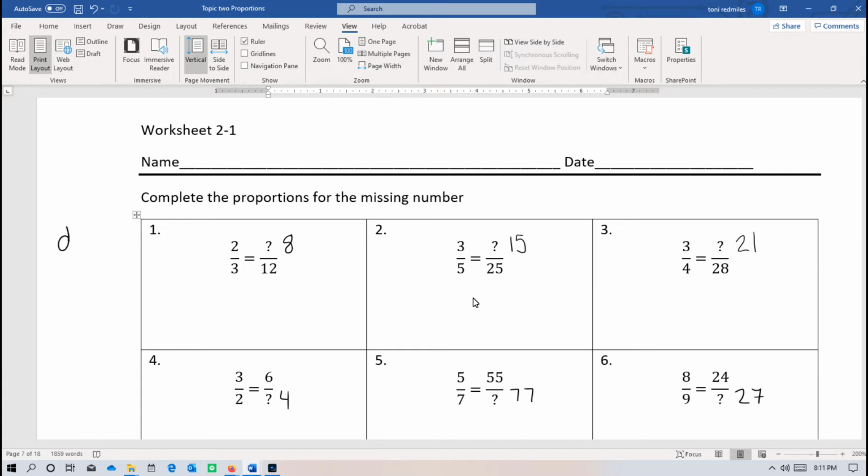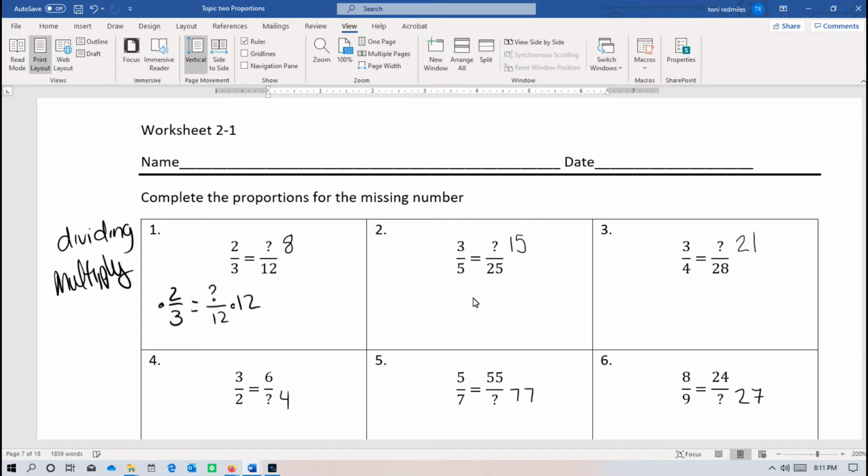And the opposite of dividing is multiplying. So to solve these, we have to multiply by what we want to get rid of, what we want to undo in the problem in order to get the unknown by itself. So in this first one, we're multiplying both sides by 12, because that means these two will cancel out, or you could say they will make a 1.